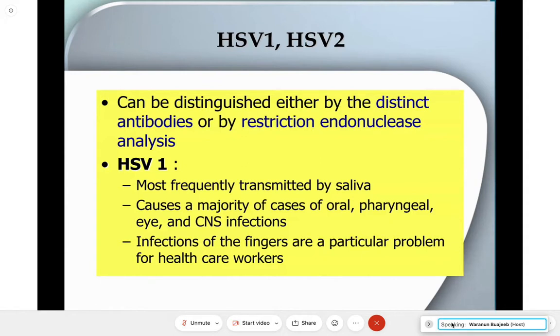But what is important is that herpes simplex virus type 1 normally infects the upper part of the body, like the central nervous system, oral cavity, pharynx, and eye, and sometimes the fingers of dentists or other healthcare workers if cross contamination occurs.